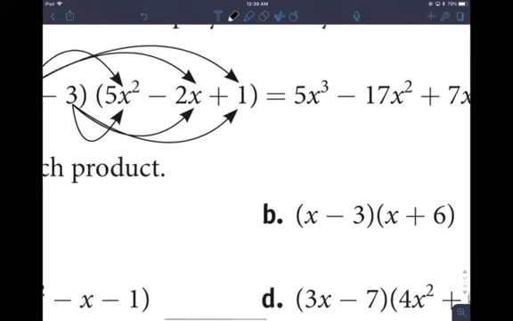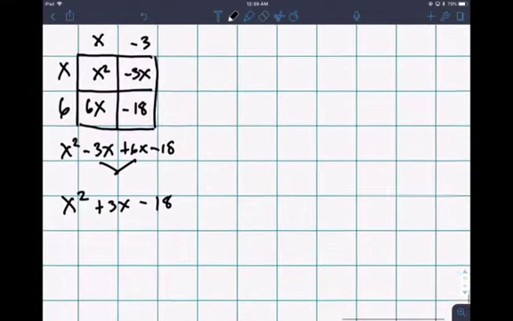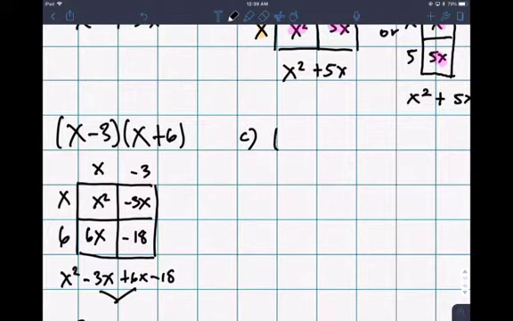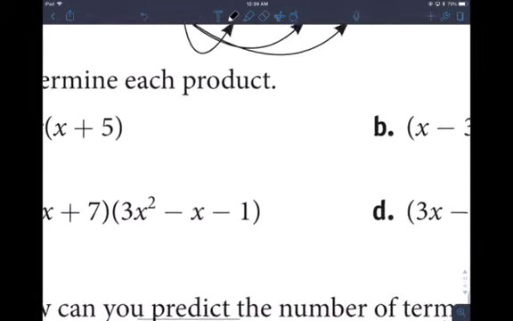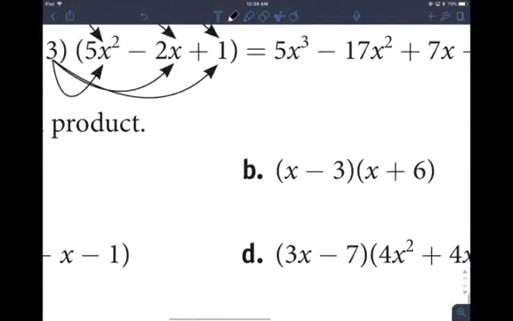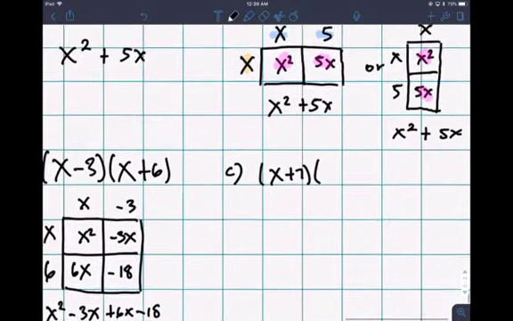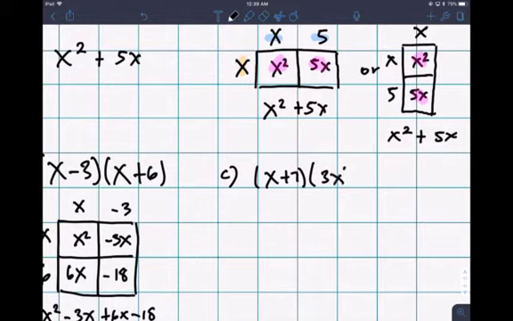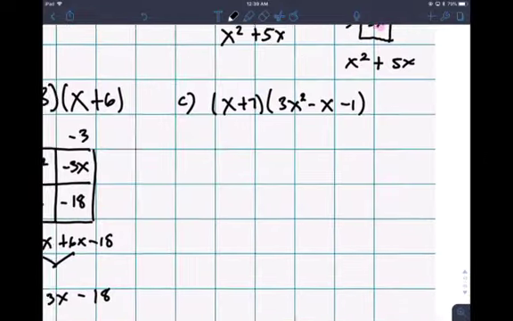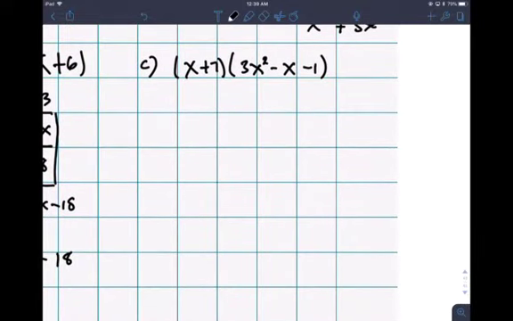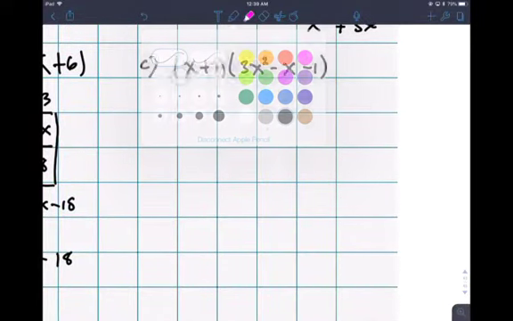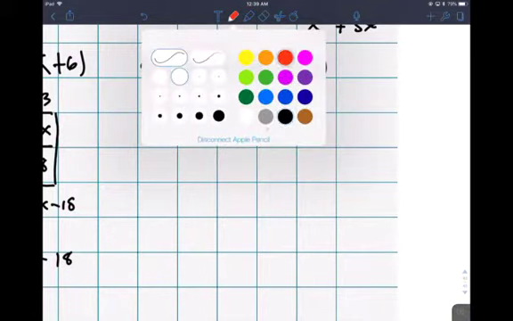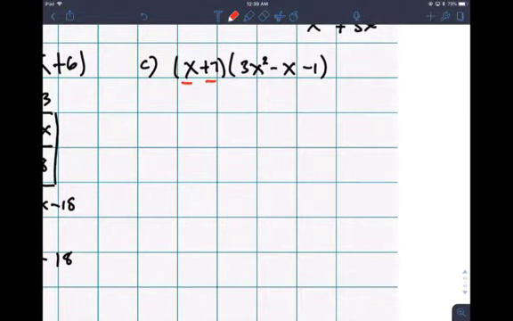So C says x plus 7 times 3x squared minus x minus 1. So that's what's given. So notice that now I have two terms here, and here I have 1, 2, 3 terms.